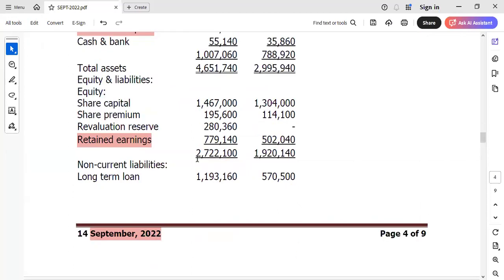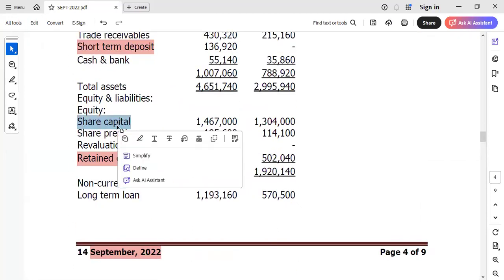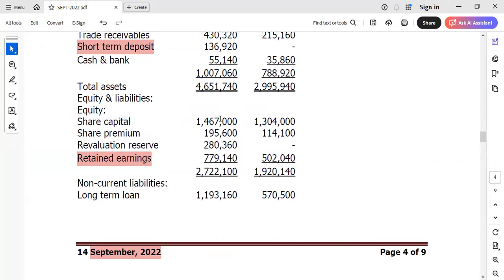Okay, and under equity, you have share capital. See the movement. Initially, you had this, but now you have this. So the movement is what you actually received. The share capital increased, so that is cash inflow. The same applies to share premium. You had this initially, and here it's this.